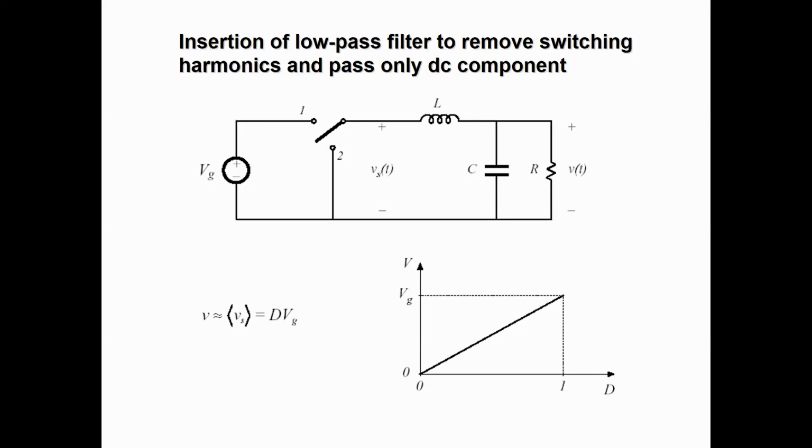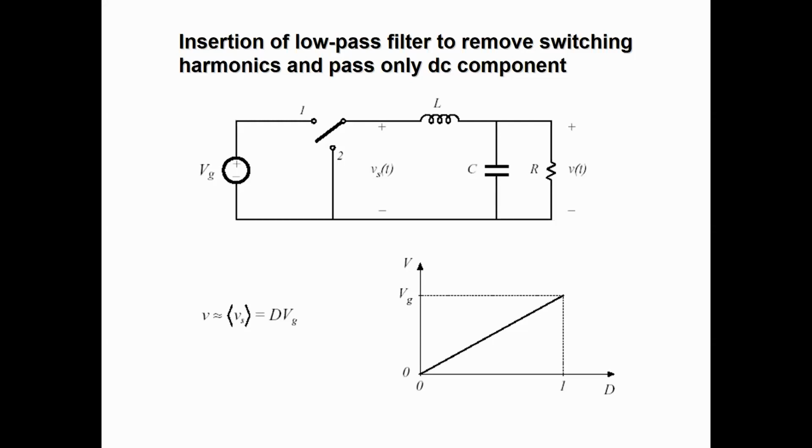For example, if the input voltage is 10 volts, the output voltage can be from 0 to 10 volts. If we set D to 0.5, the output voltage will be 5 volts. If we set it to 0.9, the output voltage will be 9 volts. If D is 1, the output voltage will be 10 volts. If we set D to 0, the output voltage will be 0.